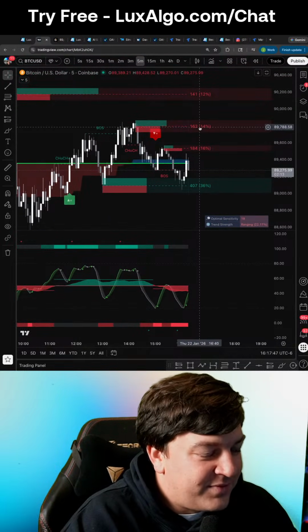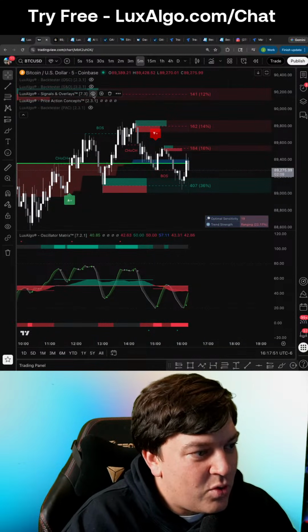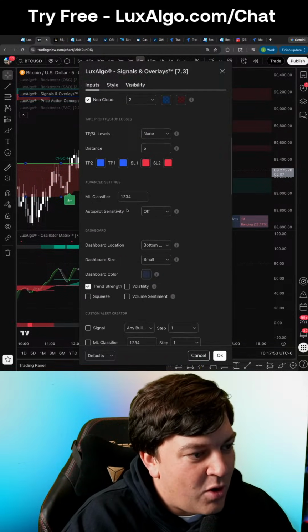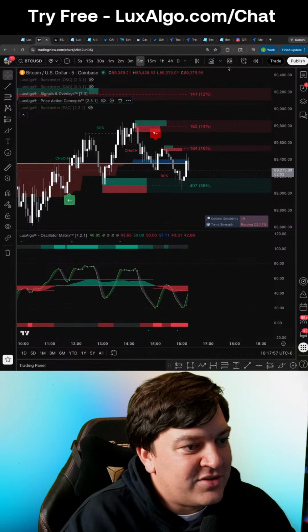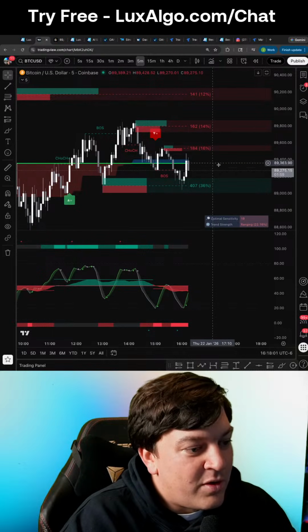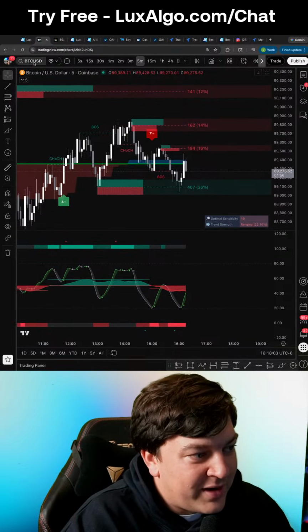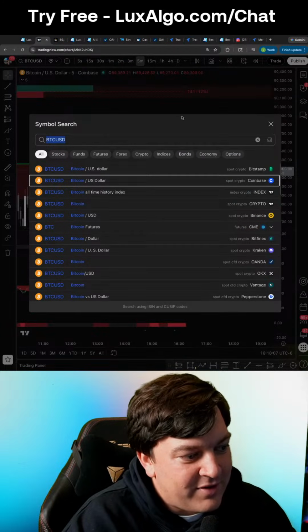But what the engine does in the background, it takes all of our premium features, every single one that you see in all these toolkits. They're all compiled into millions of combinations. And those millions of combinations are put up against your favorite assets. So they're all backtested against your favorite assets.